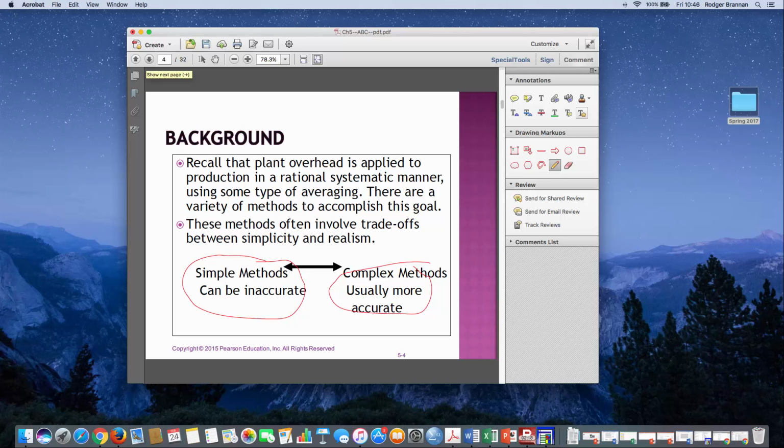If we're going to mark it up, what are we going to use as a starting point for marking up a product? As we'll see here in a minute, am I overcosting my product? Am I undercosting my product? Simple methods often hide that. ABC, if you decide to go that way, if the signs are there, can reveal that kind of information.